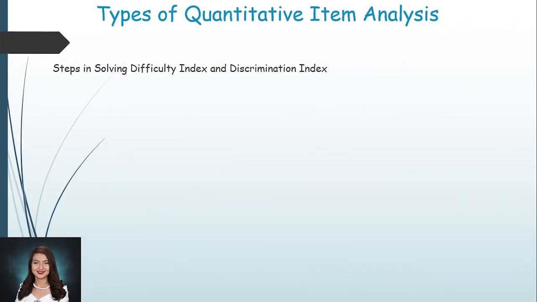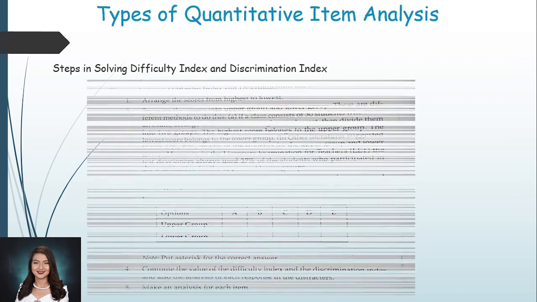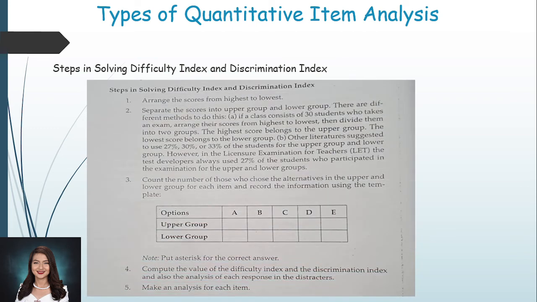So we have here the steps in solving the difficulty index and discrimination index. First, arrange the scores from highest to lowest. Separate the scores into upper group and lower group. Count the number of those who choose the alternatives in the upper and lower group for each item and record the information using this template.